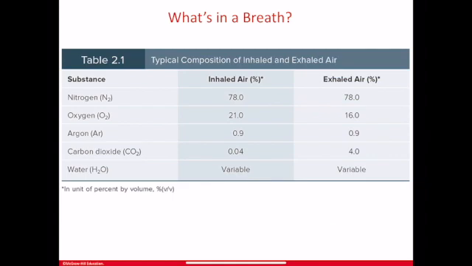In a comparison of air that's inhaled compared to exhaled, the composition of inhaled air is what we saw in the last slide: 78% nitrogen, 21% oxygen, then there are some other gases, including air pollutants at times. The air pollutants are in a very low concentration.